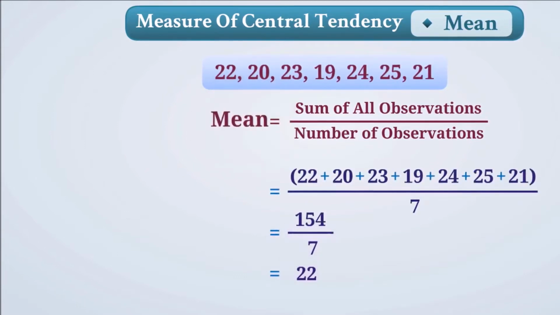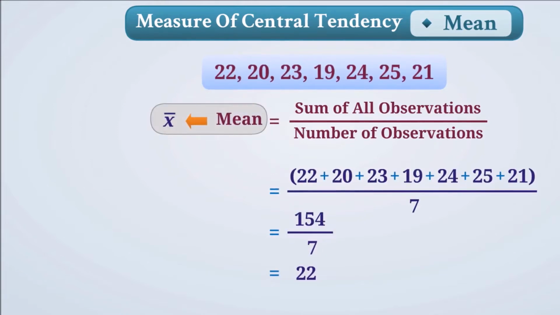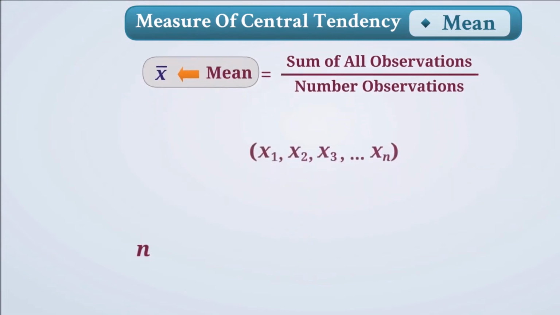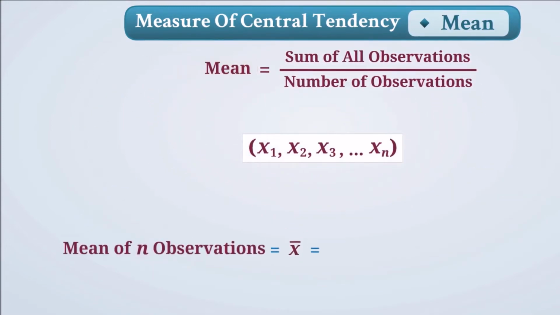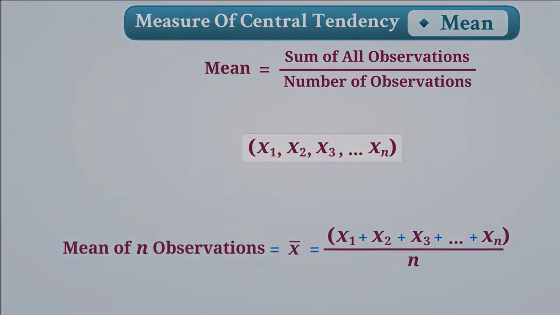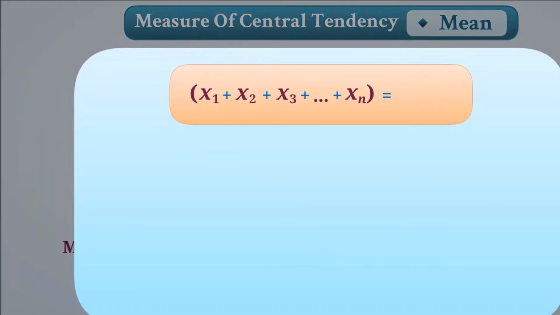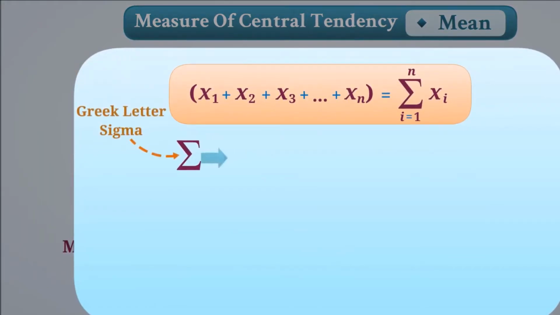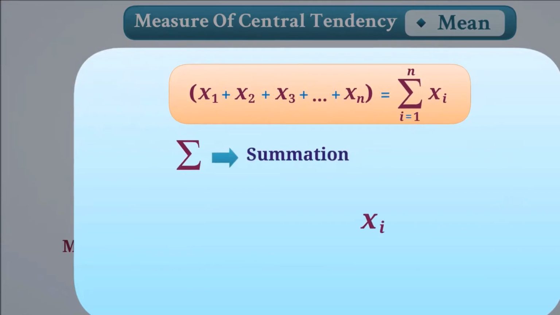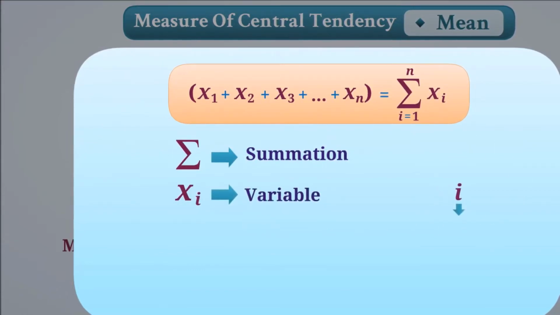We represent mean as x bar and read it as x bar. If we are given n observations like this, then their mean can be written as follows. For our convenience, we can represent the sum of observations in this way, where the Greek letter sigma denotes summation, xi is a variable where i is any natural number from 1 to n.